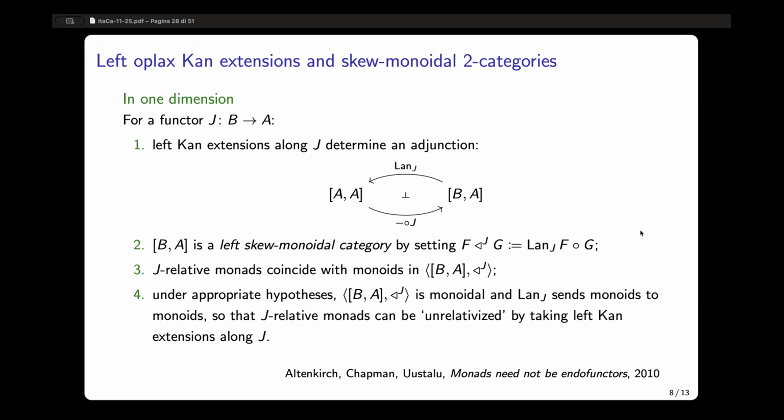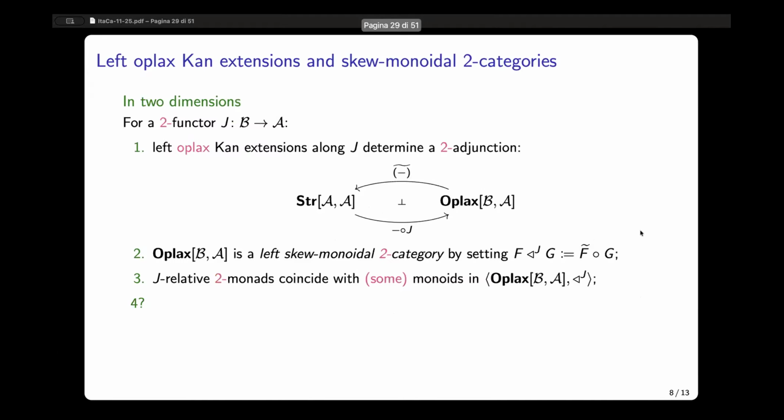And in parallel, the functor taking left Kan extensions is monoidal as well, in the sense that it sends monoids to monoids, which means that relative monads, monoids in [B,A], can be unrelativized by taking left Kan extensions, as in they get sent to monoids in [A,A].